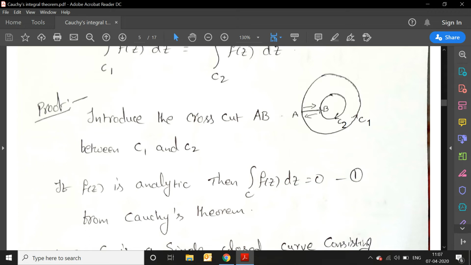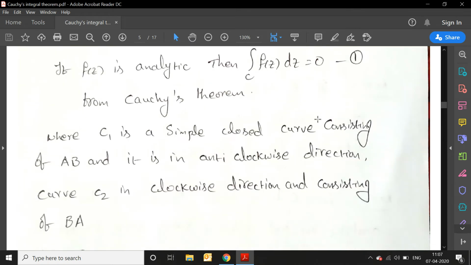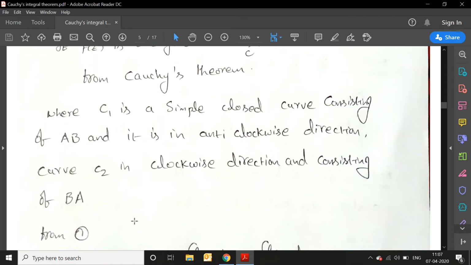It is a cross cut between C1 and C2, and C2 goes in the clockwise direction. So C1 is anti-clockwise, and curve C2 is in the clockwise direction and consists of BA.